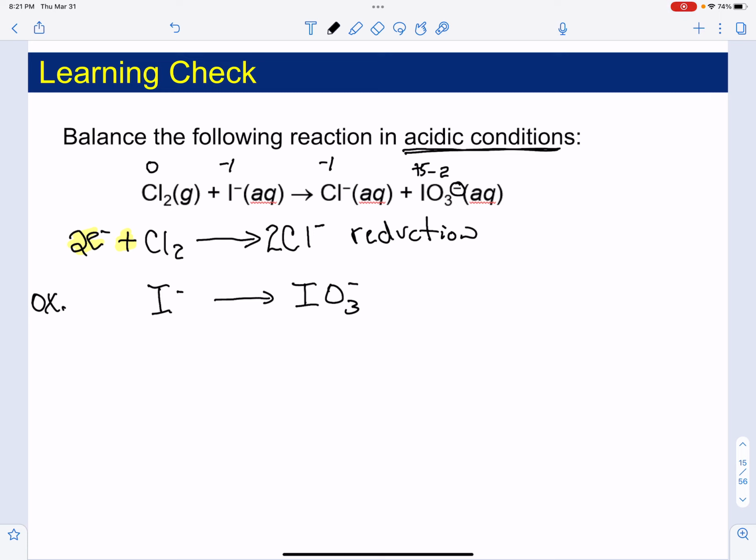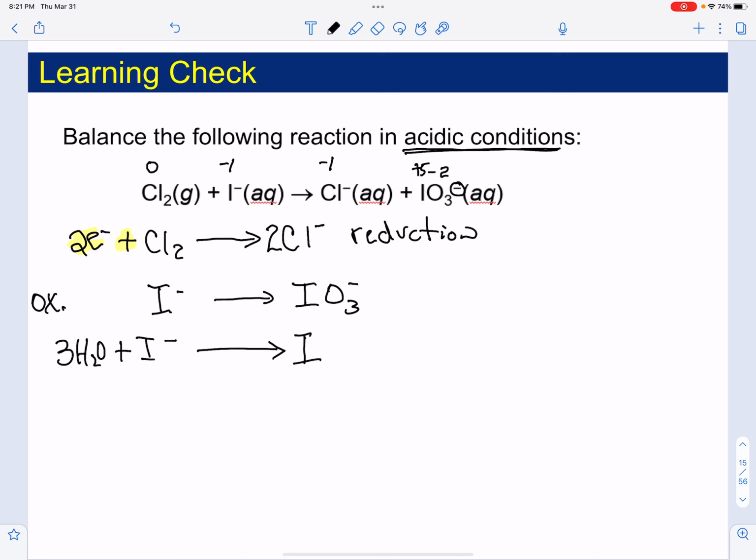So we're gonna do it down here. To the iodide, we're gonna add 3 water molecules. That gives me the 3 oxygens that I need.